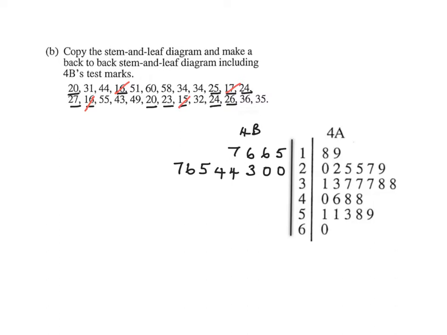So now we can move on to the 30s. There's a 31. There's a 32. And we've got 34, 34 and 35 and 36, 4, 4, 5 and 6.